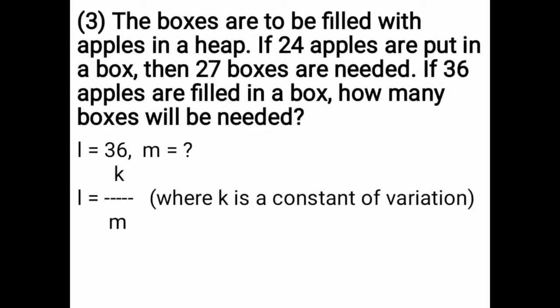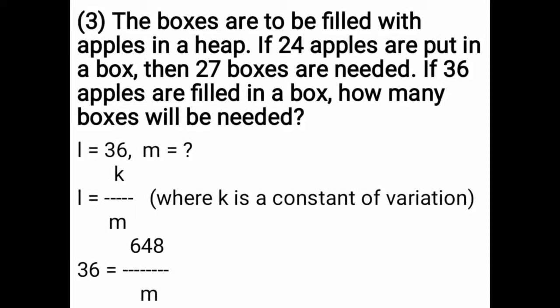L is equal to k upon m, where k is a constant of variation. 36 is equal to 648 upon m. I have substituted the value of L, 36, and the constant of variation k, which you got as the answer, 648. The denominator m you have to find, because you have to find the number of boxes needed.